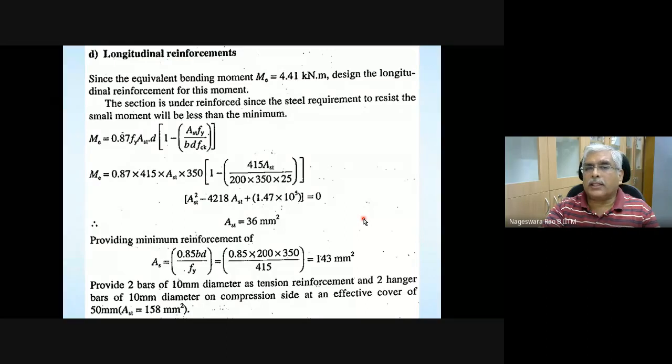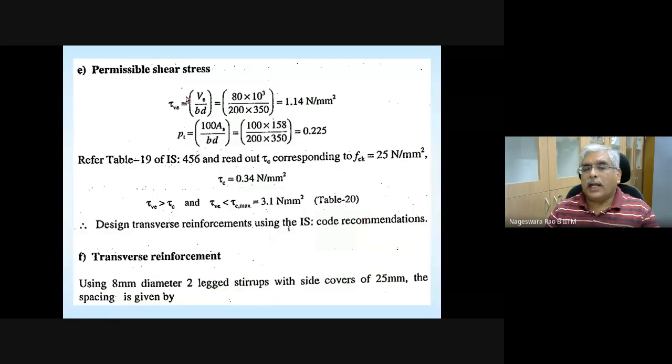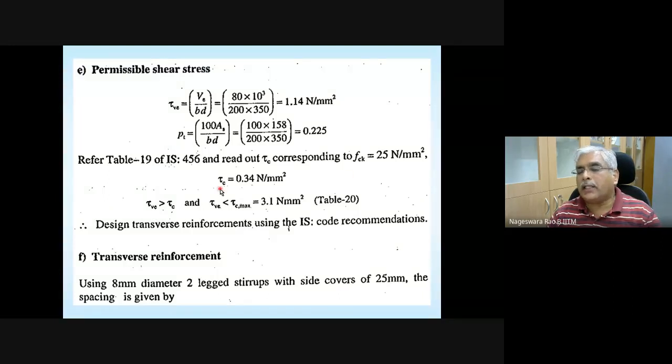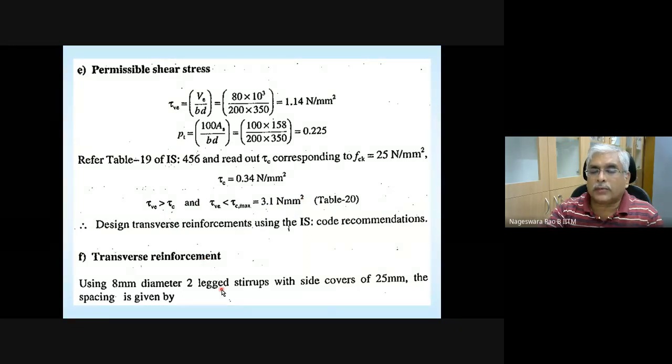Okay, so this is the longitudinal reinforcement, and then transverse reinforcement. To calculate transverse reinforcement, once you get longitudinal reinforcement, you can calculate design shear strength, and also make a note of the maximum shear stress that is permitted. Based on that, you can design the transverse reinforcement.